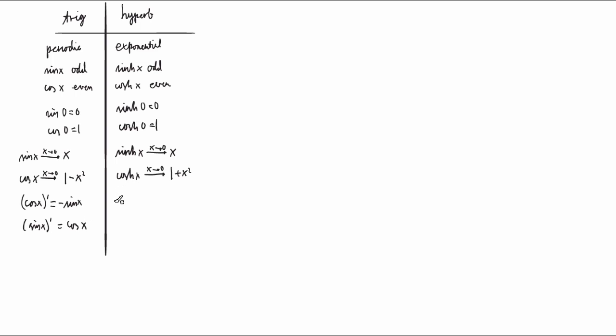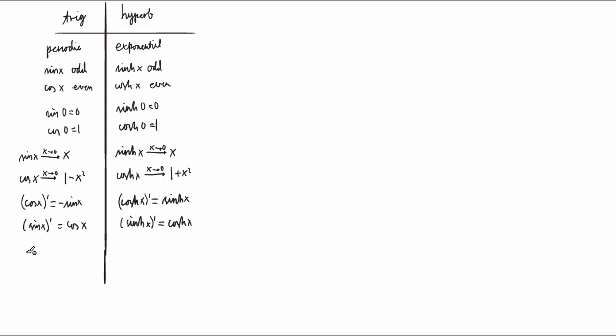For the hyperbolic functions, it's actually even simpler. There's no minus sign there. So if I take the derivative of cosh x with respect to x, I just get sinh x. Similarly, the derivative of sinh x with respect to x is cosh x.